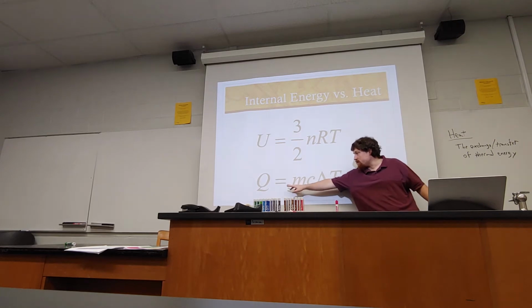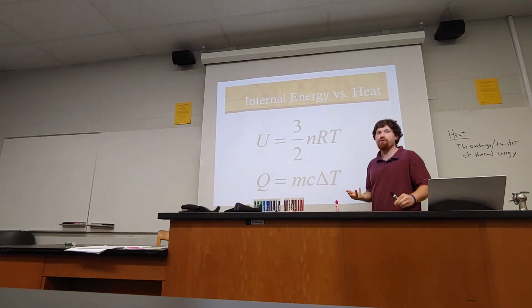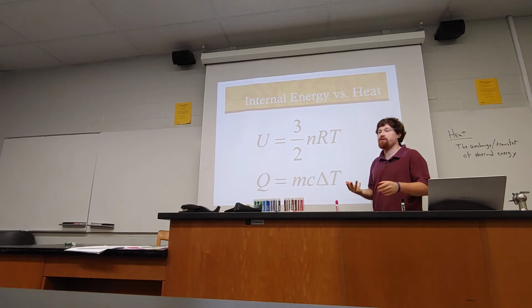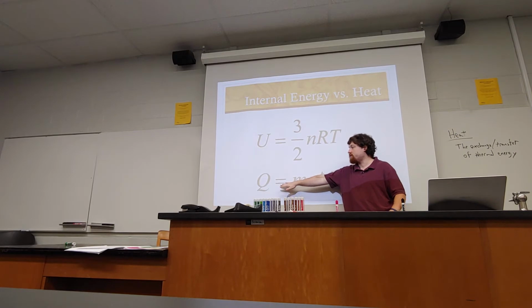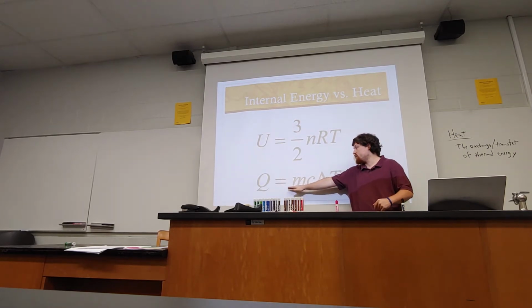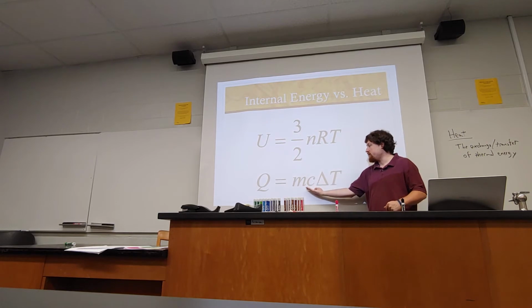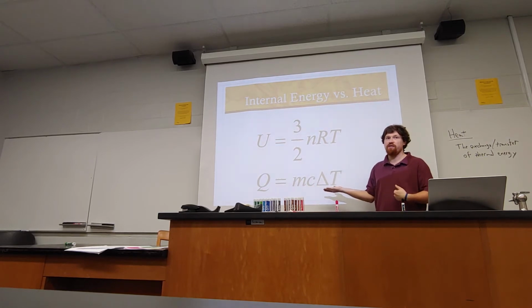The heat that an object is either acquiring or losing, because in thermal processes you can either gain thermal energy or lose it. So Q just represents the change in thermal energy. The heat something is gaining or losing is equal to its mass times this constant C times the change in its temperature.